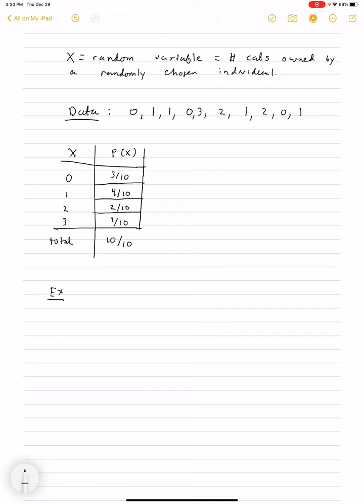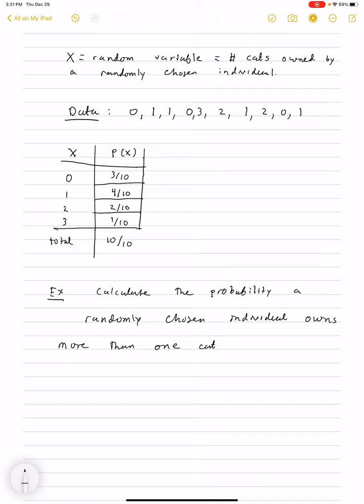So just as an example, we can calculate the probability someone owns more than 1 cat. And this asks us to calculate probability x is bigger than 1.